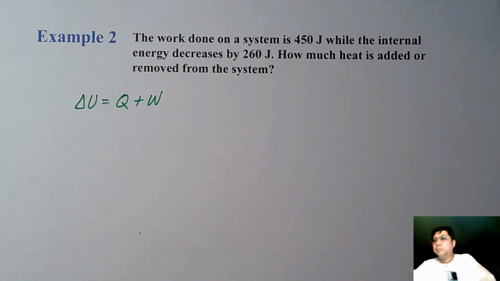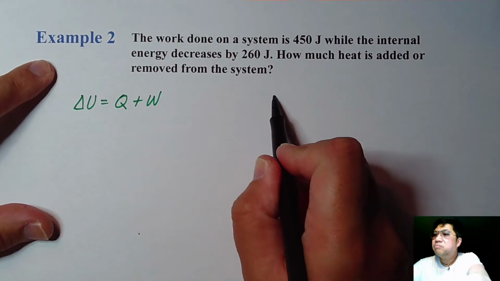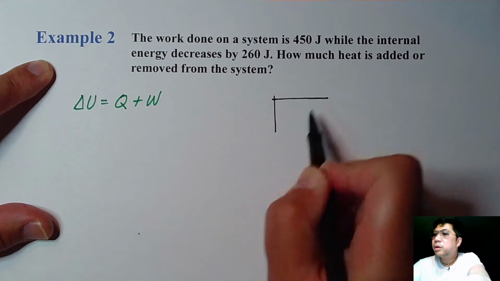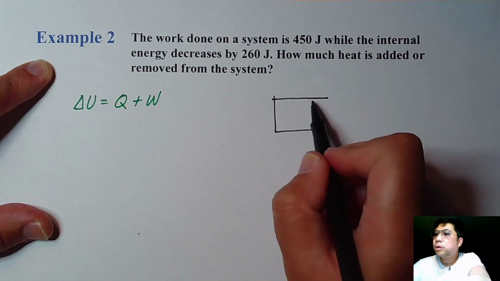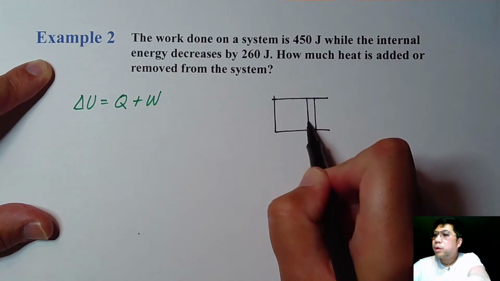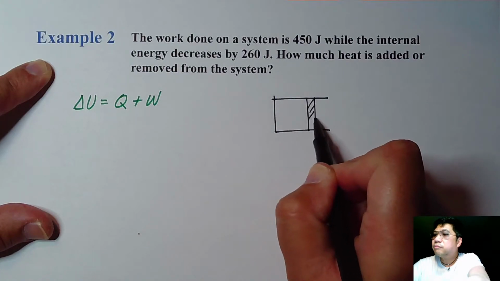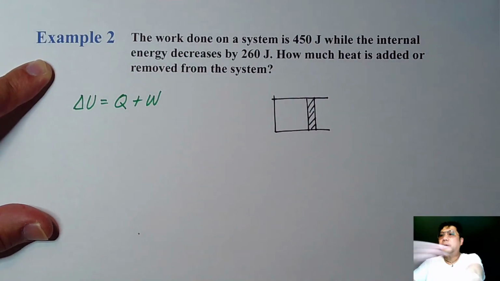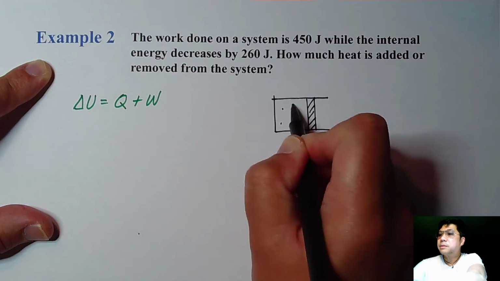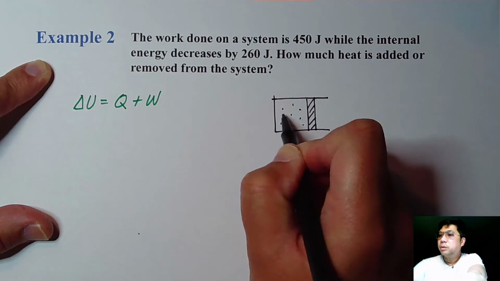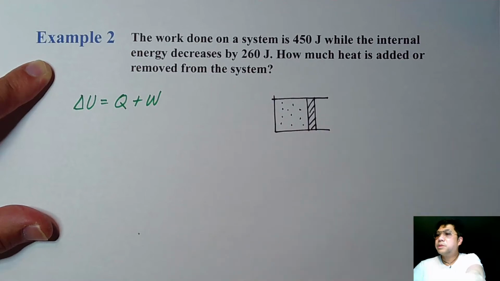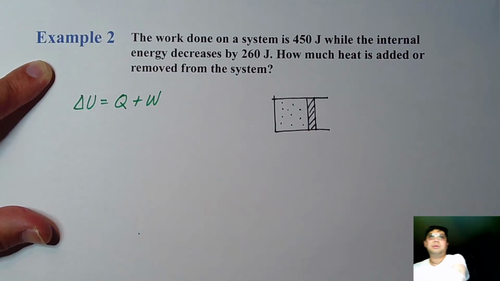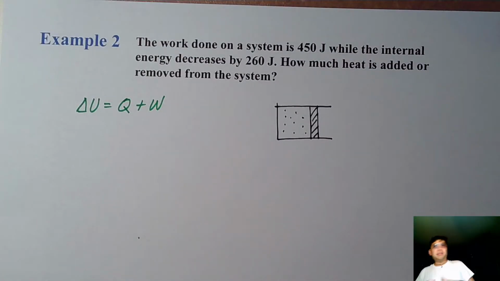The second step is to draw a diagram where we have a system, a movable cover filled with gas, where the dots represent the molecules trapped inside the cylinder.